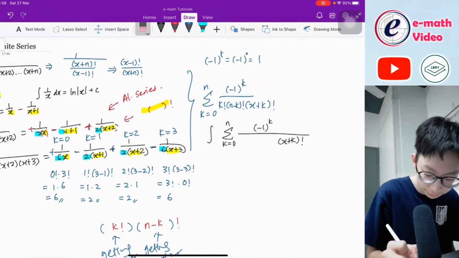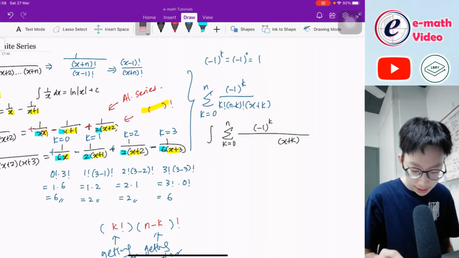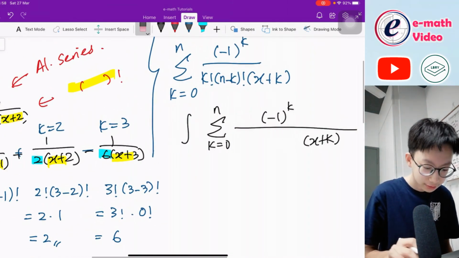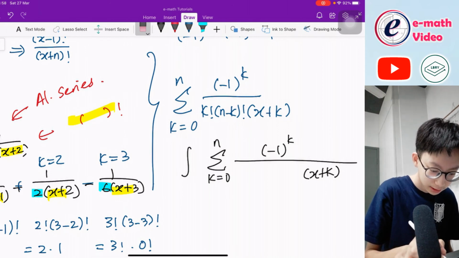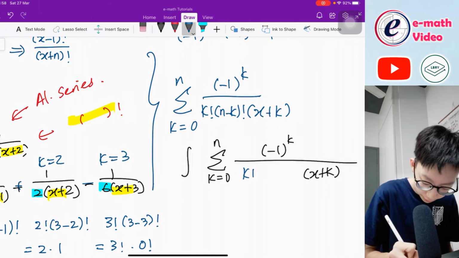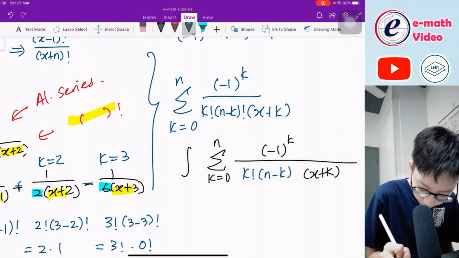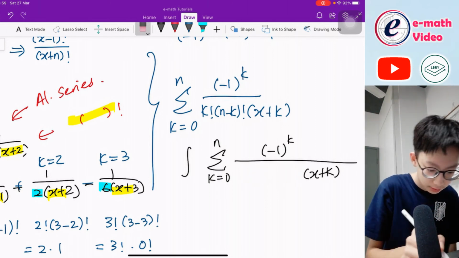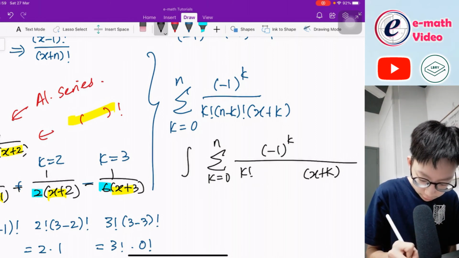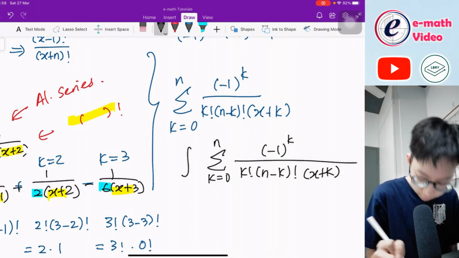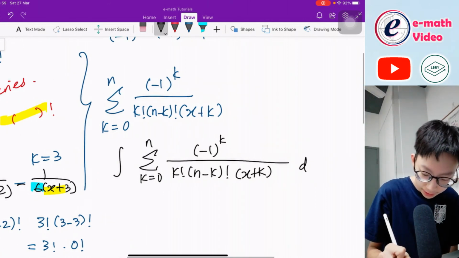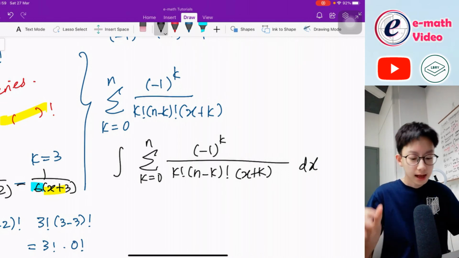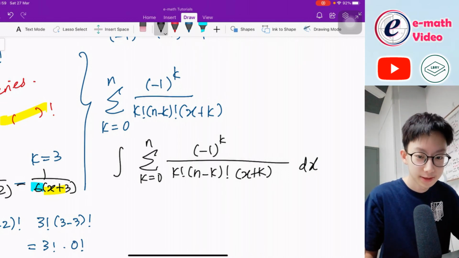We don't have a factorial here. The factorial is here. Okay, k factorial n minus k factorial. Let me write it in black. k factorial n minus k factorial dx.